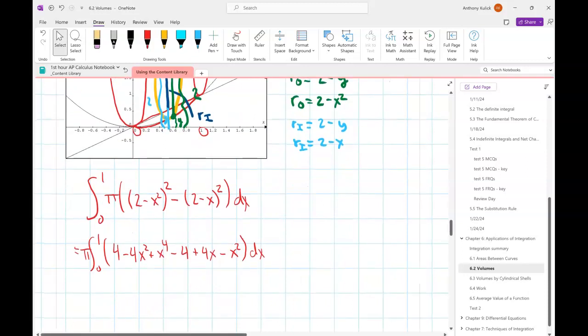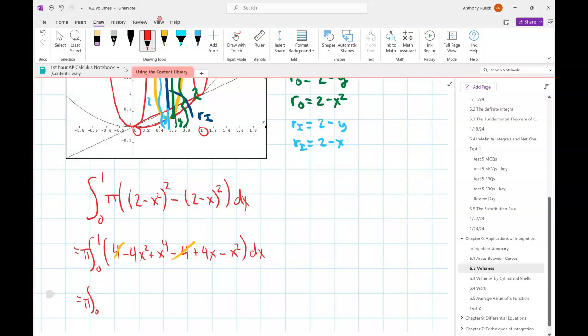I'm just going to FOIL things out. And I distributed the negative when I FOILed that out. I just did that quickly in my head. If you can't do that, you can always write it out in stages. But we're just talking about Algebra 1 FOILing.